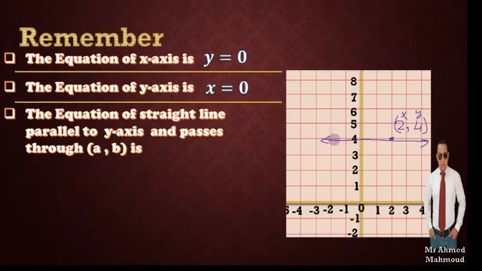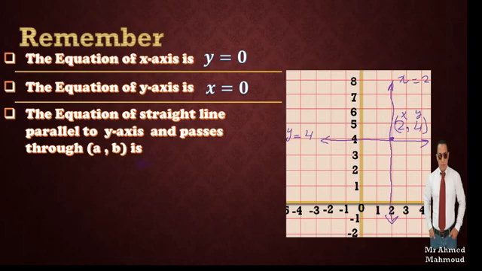The line here is parallel to the x-axis, so the equation is y equals 4. And if I draw another line passing through this point and parallel to the y-axis, its equation is x equals 2, because the line intersects at 2 and the x-coordinate equals 2.